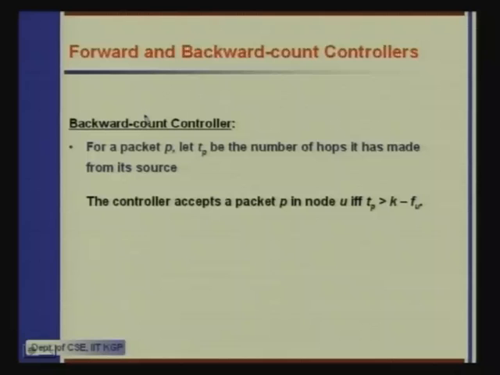There is a variant of this controller called the backward count controller. In the backward count controller, for a packet P, let Tp be the number of hops it has made from its source.